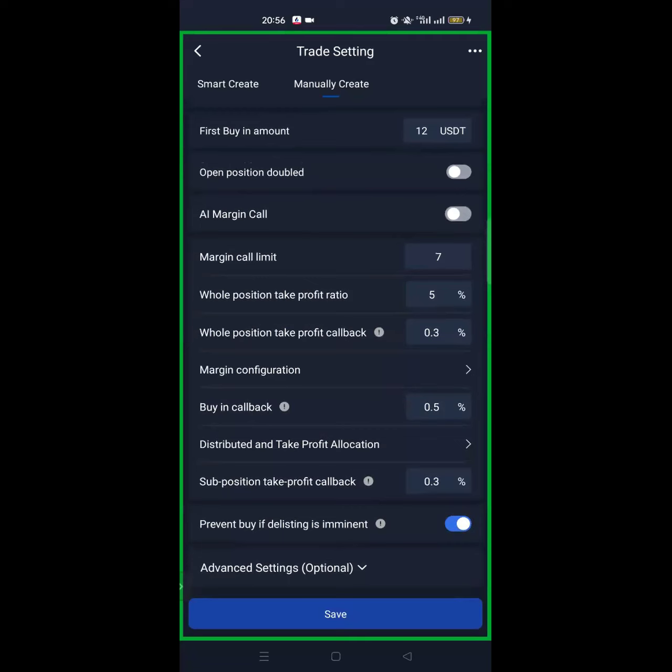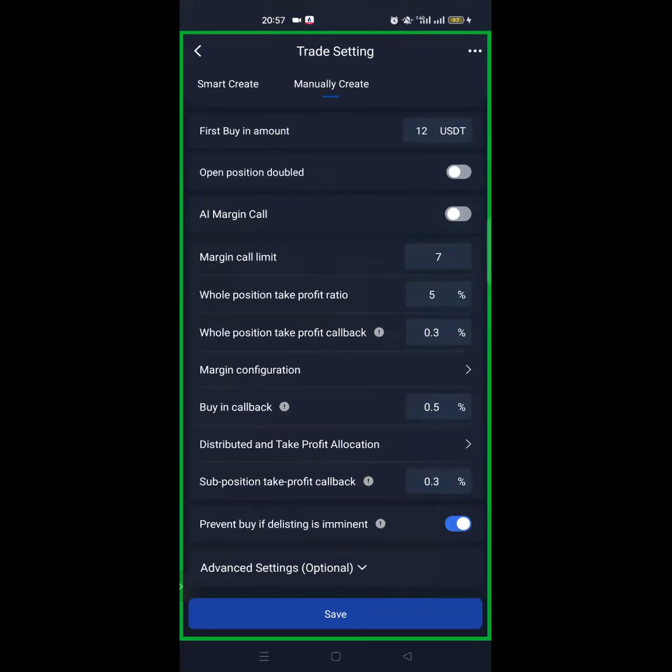So like I said, the whole position take profit ratio controls your final sell. There's another take profit that controls the sell on the downtrend, but this one controls your final sell. And if you're on one shot, your robot is going to close the trade.